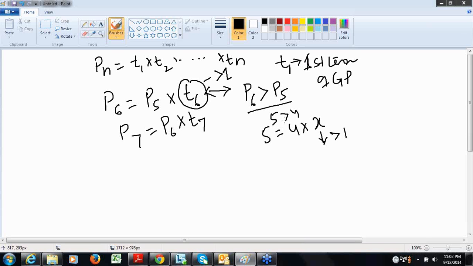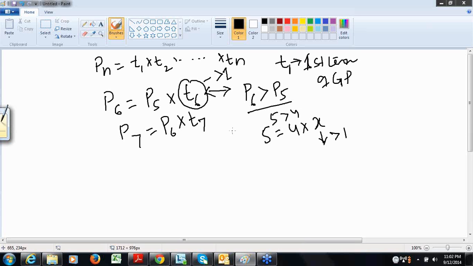What else can be? What is the problem anybody is having? If it is a positive series of a GP, then if the product of first 6 terms is greater than the product of first 5 terms, this can be possible only when what?